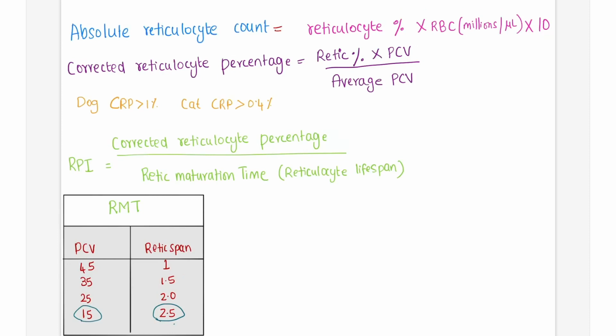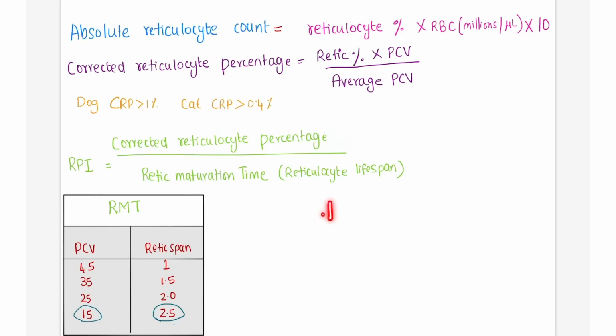The third and most important formula is the RPI index. The result is obtained by dividing the corrected reticulocyte percentage by the reticulocyte maturation time. The reticulocyte maturation time is inversely proportional to the PCV.